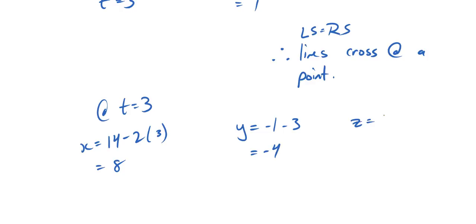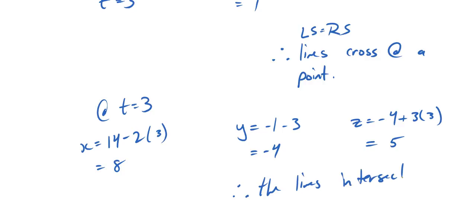And z is negative 4 plus 3t. That's 5. Okay, questions?